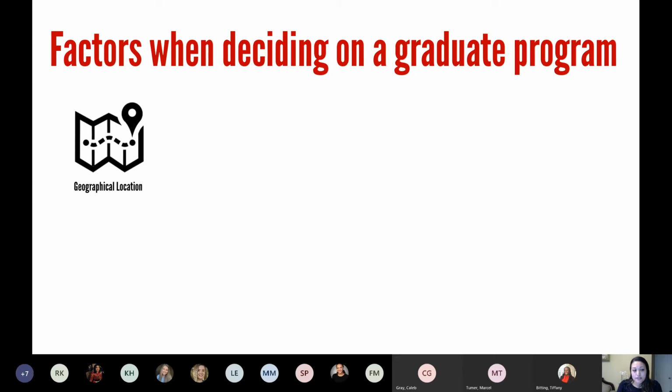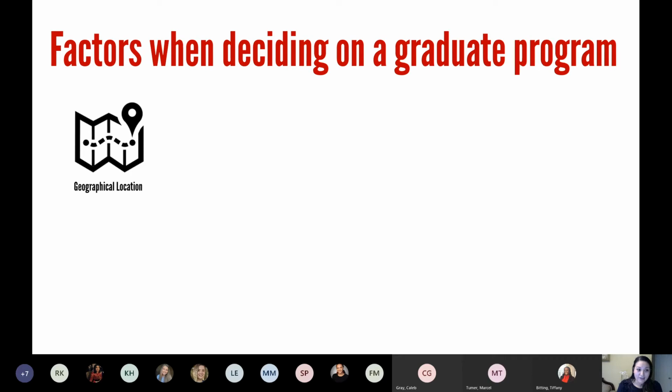So for some students, deciding on a graduate program can be dependent on the geographical location. It can look something like this. It can be, well, I love the job that I'm working at right now here in the city of Houston, so any graduate degree that I pursue, I would love it to be in the city of Houston. And there are lots of really great universities in Houston.